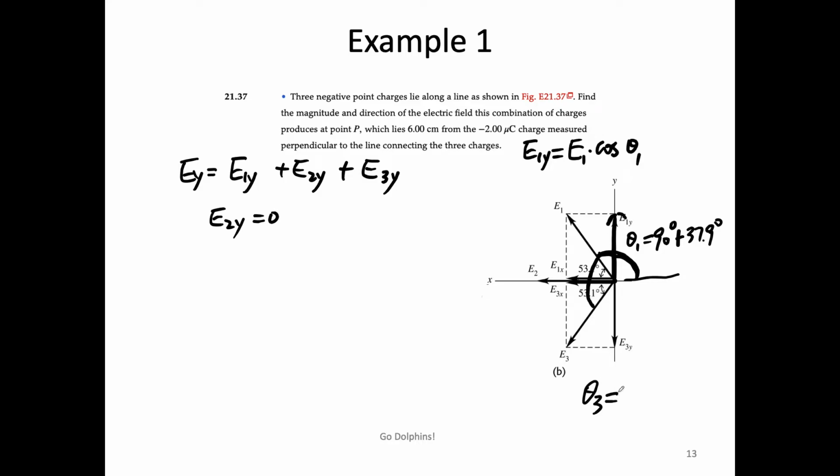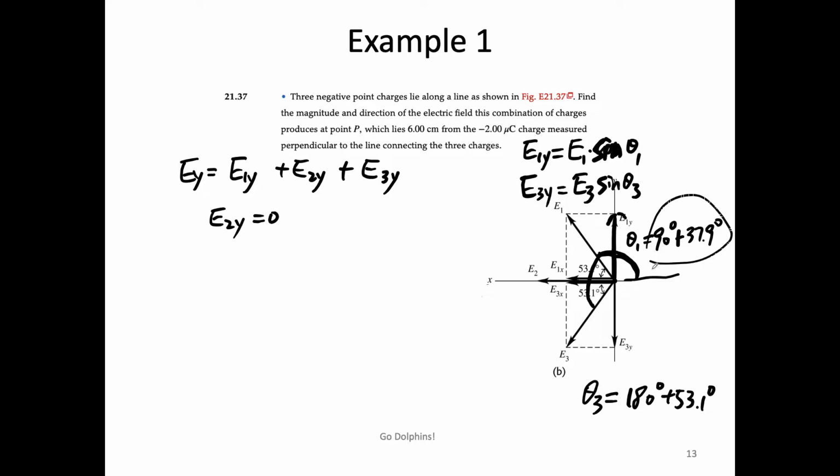Theta 3, I think, is 180 degrees plus 53.1 degrees. And E3y is E3 sine theta 3.